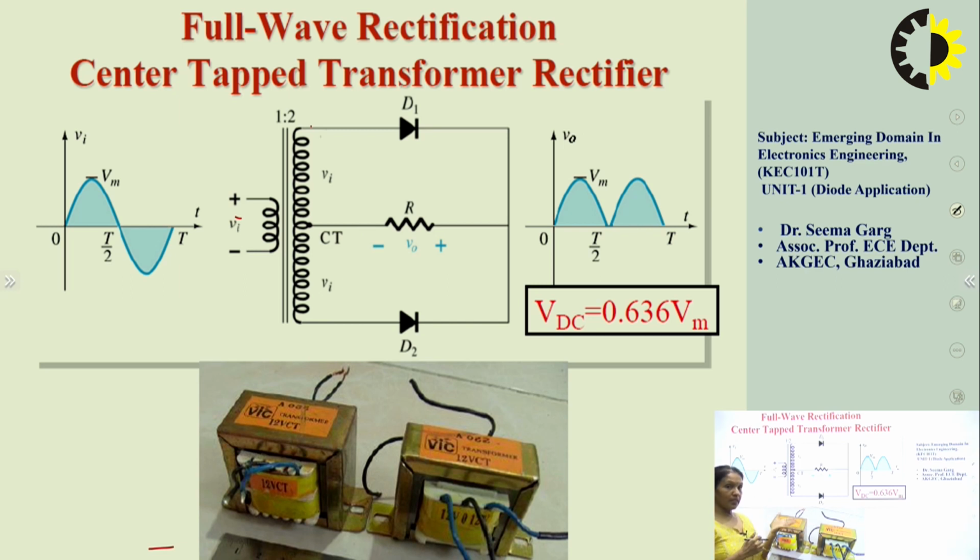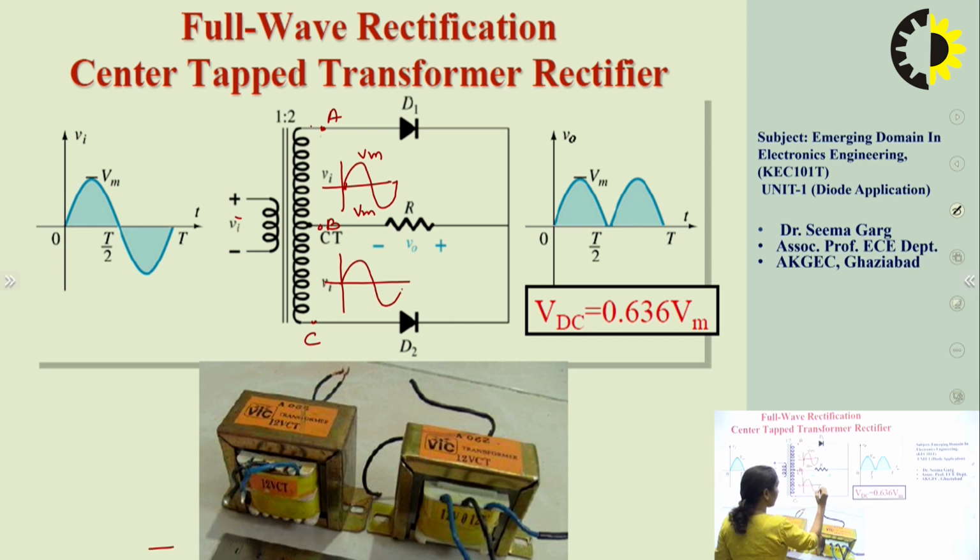Suppose we have a step down voltage with peak input voltage Vm, then between terminals A and B, we have a signal like this, which has maximum value Vm and peak to peak 2Vm, and also between terminals B and C, again we have a signal with peak value Vm, and the peak to peak value is 2Vm.